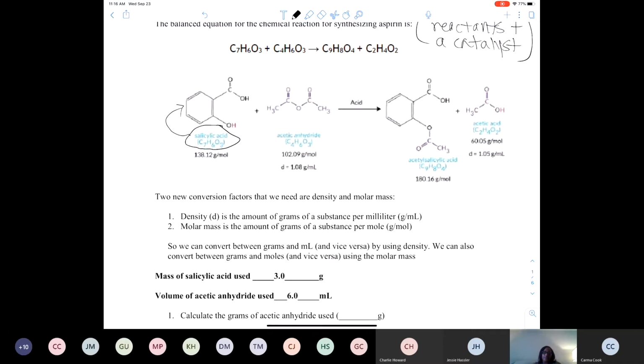So that's its structure on a molecular level. Here is its representation on the symbolic level, showing you the formula. Salicylic acid has a molar mass of 138.12 grams per mole.